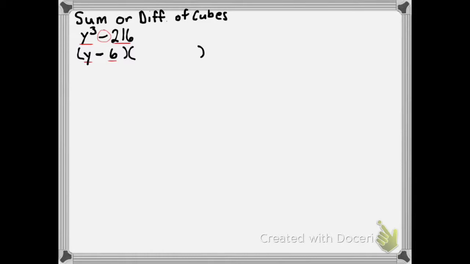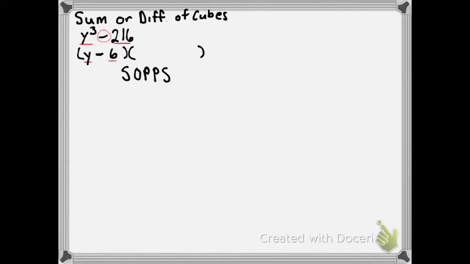Now, once we've identified that, our trinomial is based off of the binomial. And so some people like the acronym SOPPS, S-O-P-P-S. And that tells us how to fill in the trinomial.